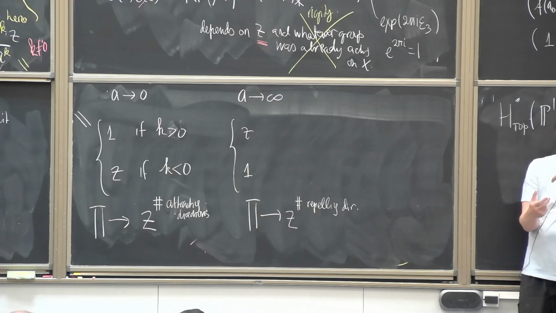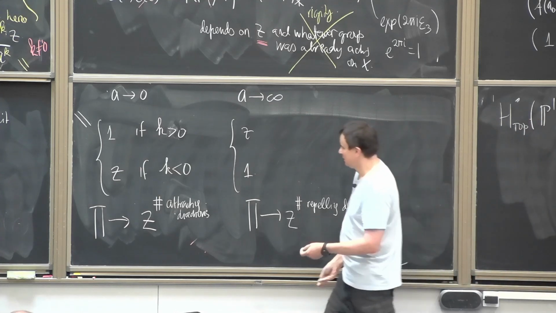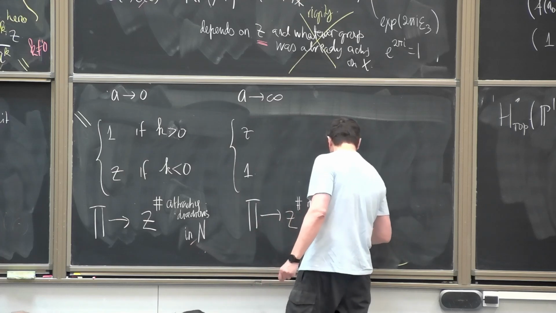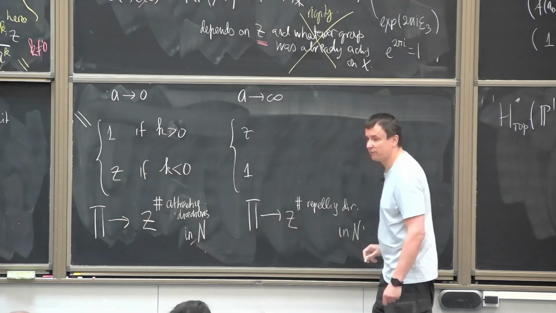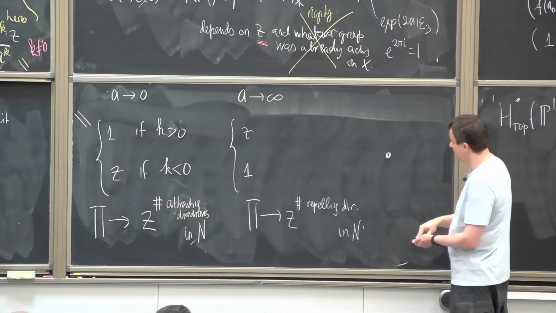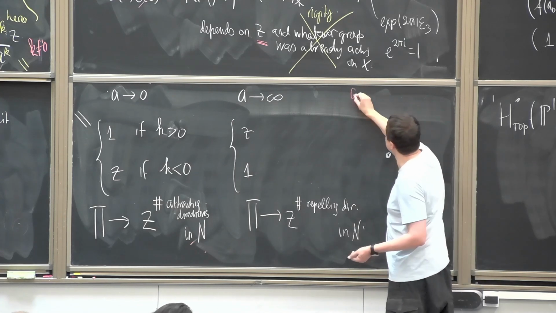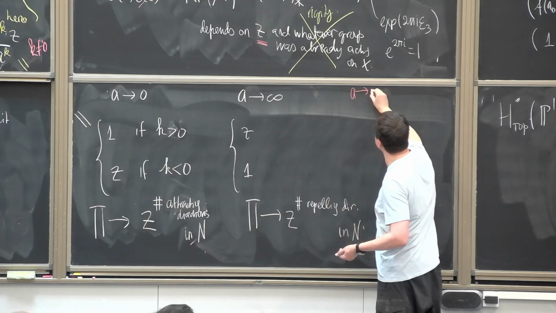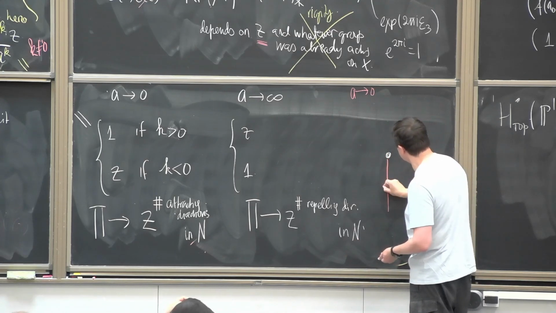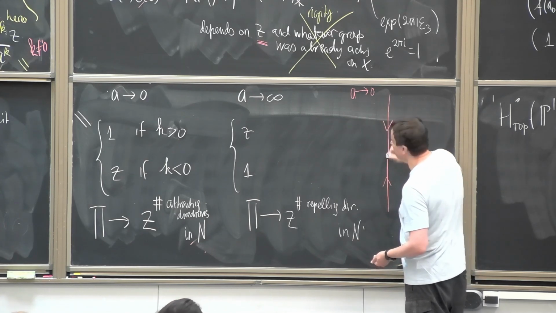So what is it? If I look in the repelling direction in the normal bundle, and this goes the attracting direction. So if I have some fixed point, and I have some group action, maybe a acting on it. Let's say a goes to 0. Now, as a goes to 0, some directions will be attracted to my point.